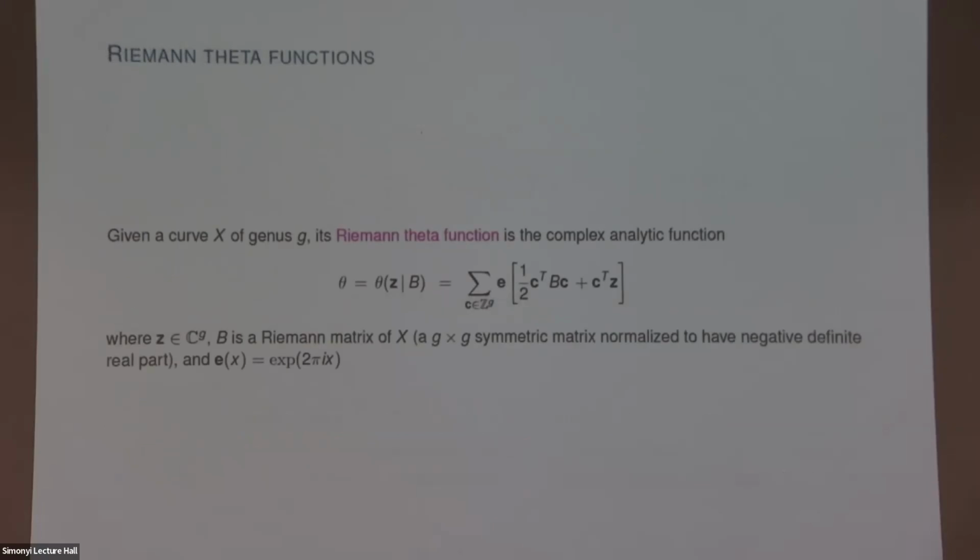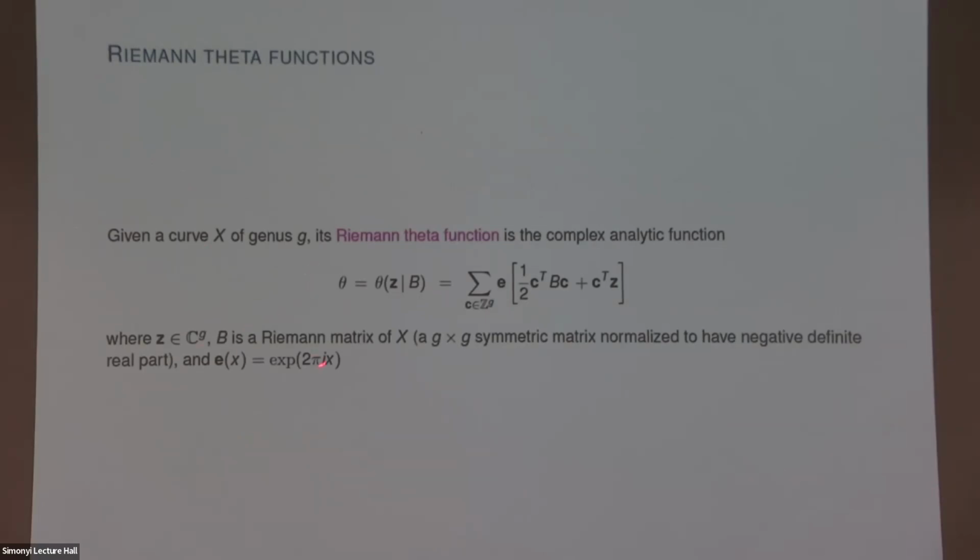Okay, so now the other perspective is starting from algebraic curves, and here we are interested in Riemann theta functions. So given a curve of genus g, it has an associated Riemann theta function.